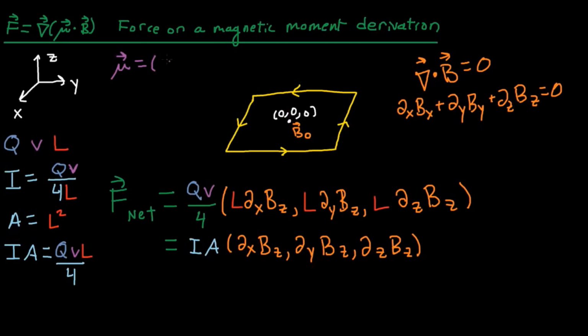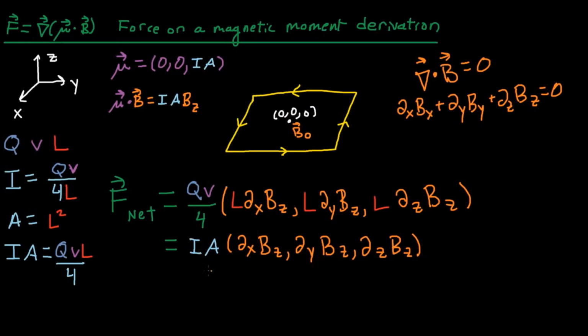So that means that it's going to have components of 0, 0, and I times A. Therefore, we can also write mu dot B, and that's just going to be equal to I times A and then times BZ, the component in the z direction.